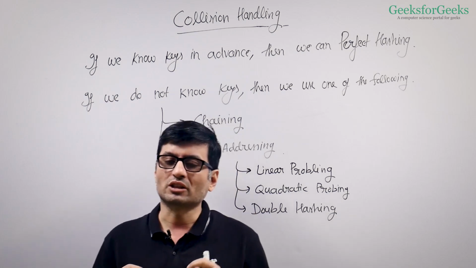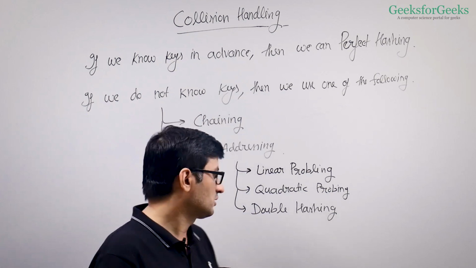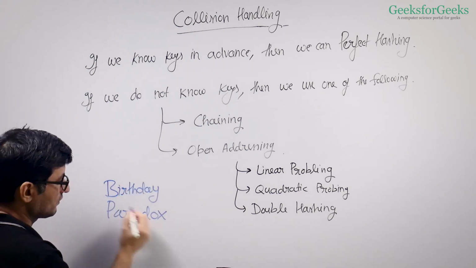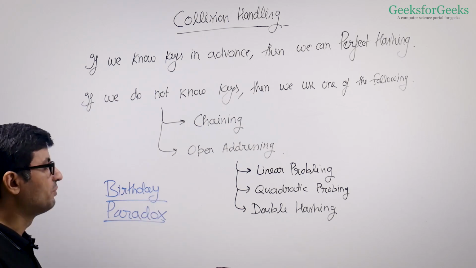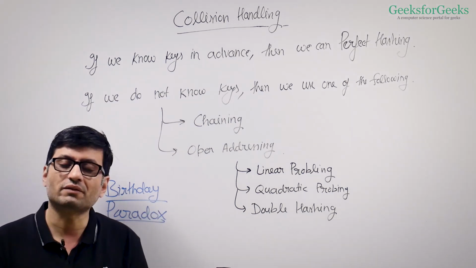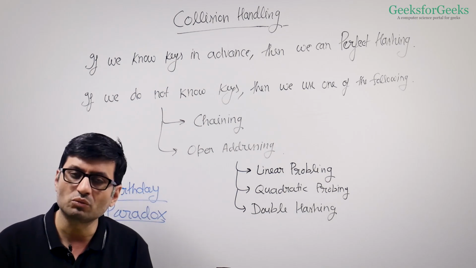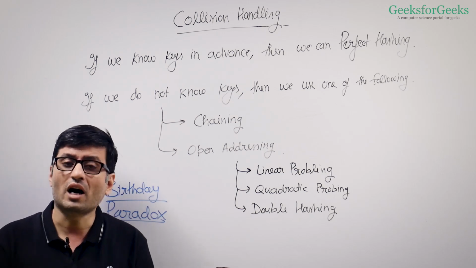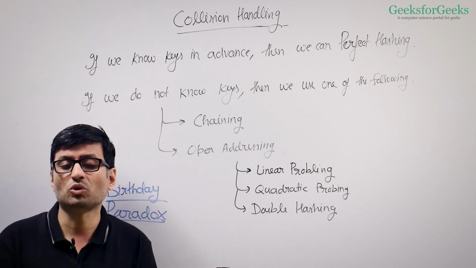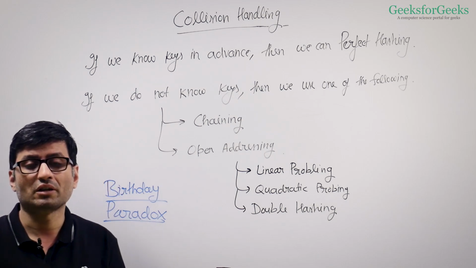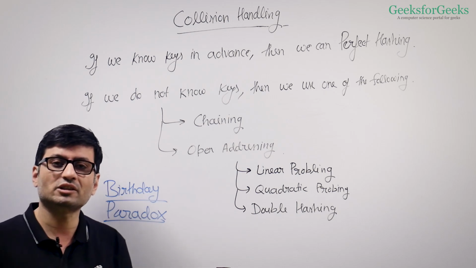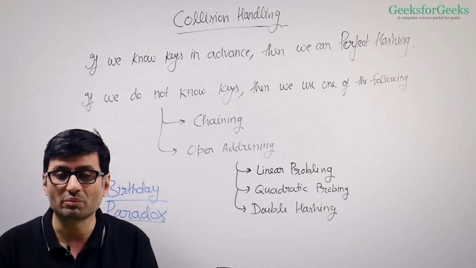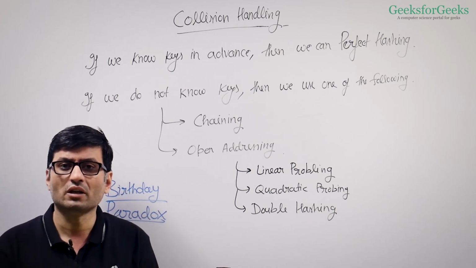In fact, there is something called the birthday paradox. The birthday paradox says that if there are 23 people in a room, then there is a probability of half that two people have the same birthday, which means 50% chances that two people among 23 people have the same birthday.